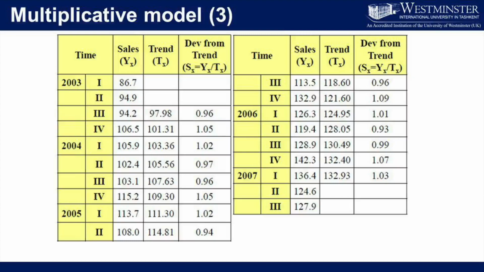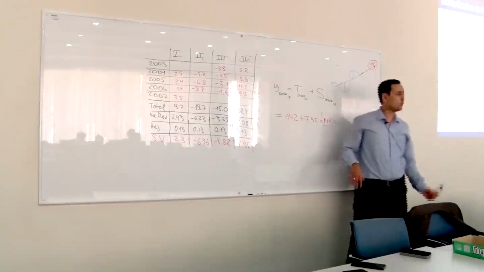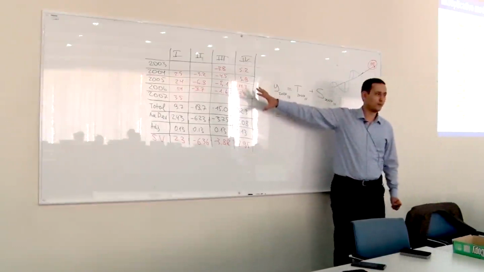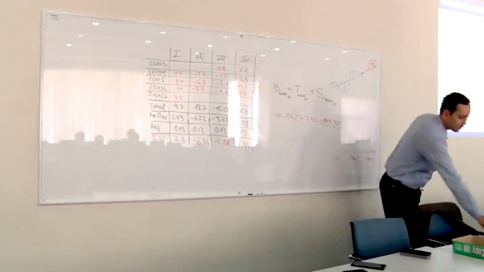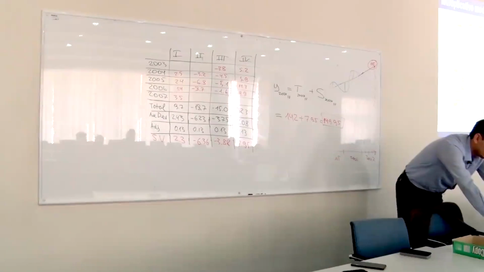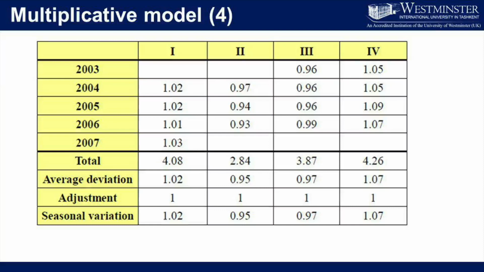Next, you put these numbers into the seasonal variation table, find the total, find the average deviation, find the adjustment by finding the average of averages, and to find the seasonal variation, instead of subtracting, you divide average deviation by adjustment. Not subtract, but divide.